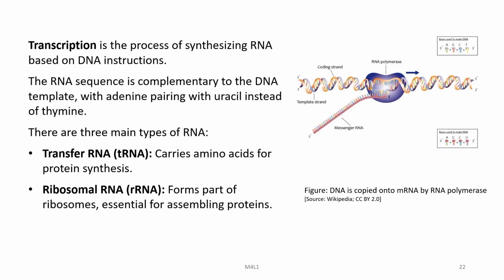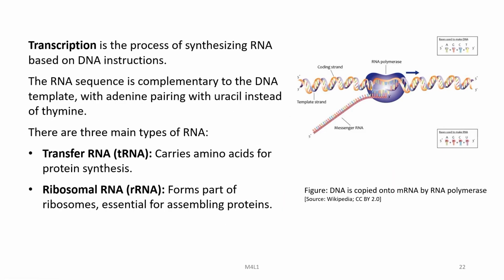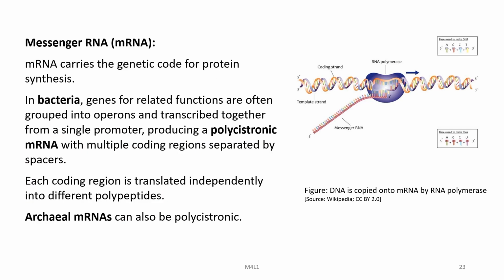These two do not translate and produce proteins, but the mRNA will be producing proteins. But these two are very much essential for the production of protein using messenger RNA. So, mRNA carries the genetic code for protein synthesis.